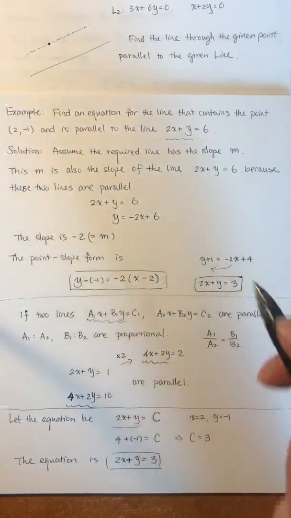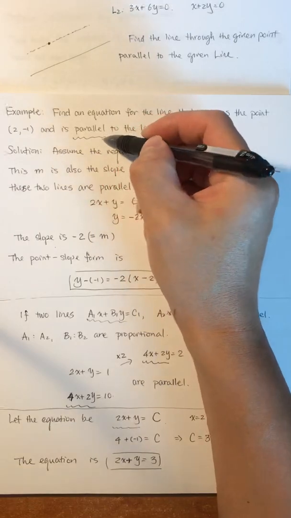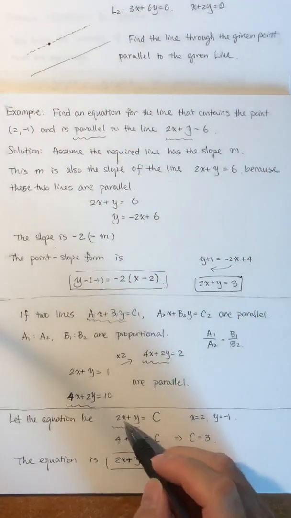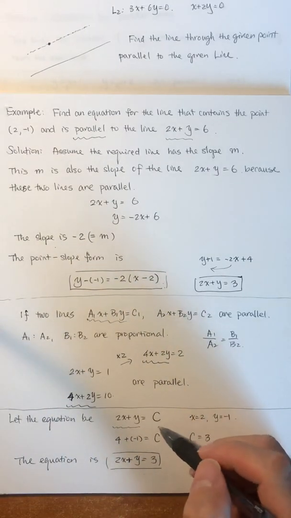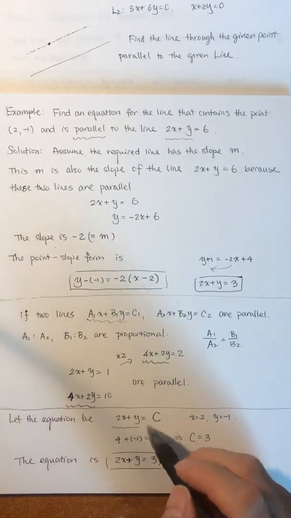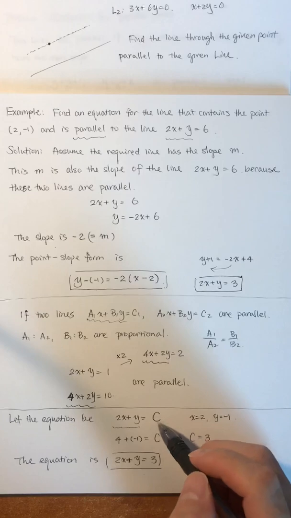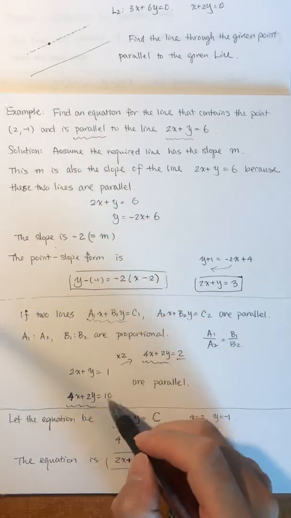For method 2, we have the parallel condition, then we set the equation to be 2x plus y equal to an unknown c. This c will control the y-intercept, but we don't care about the geometric meaning. You see here, this is 2, this is 10.